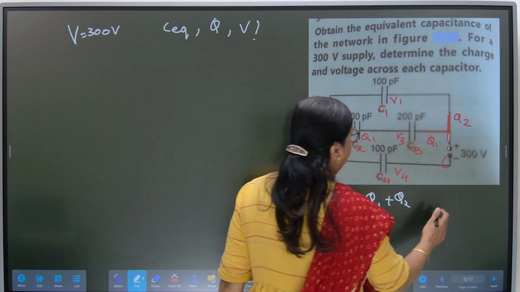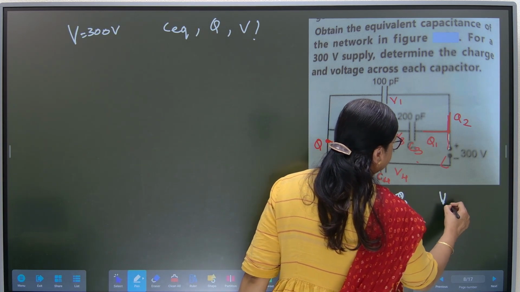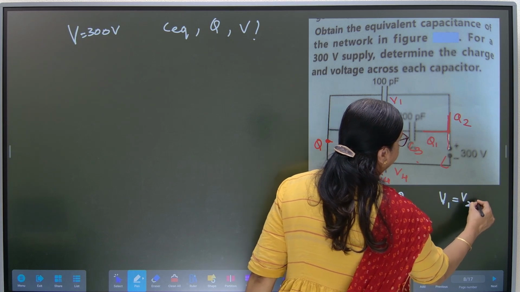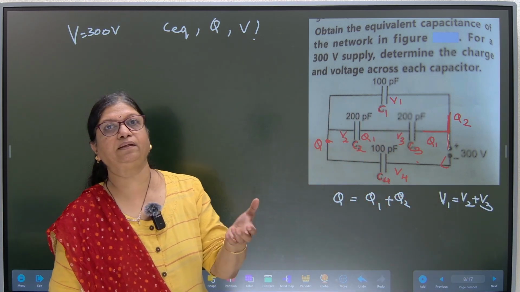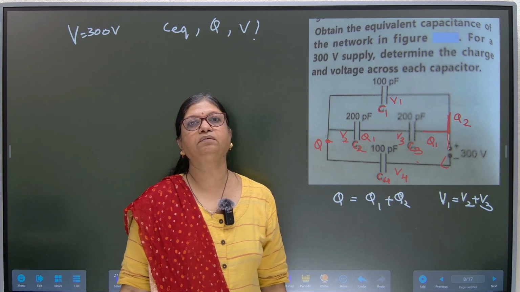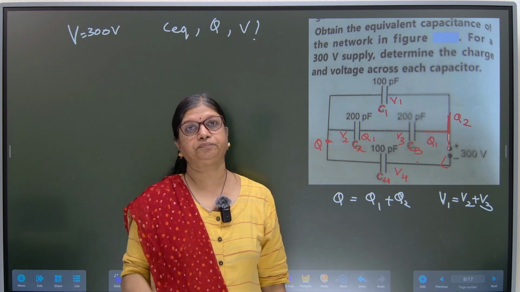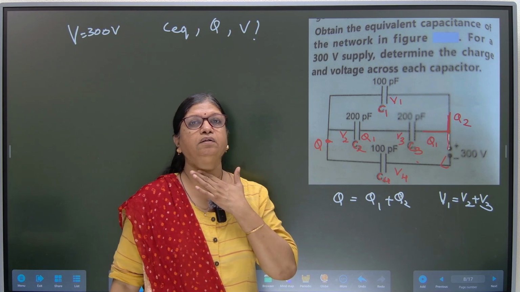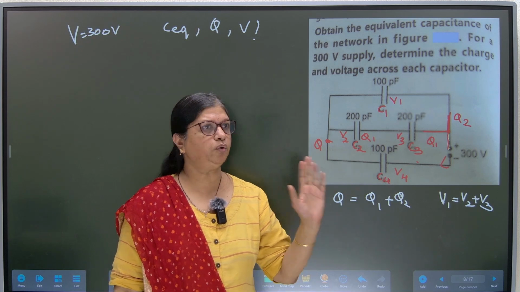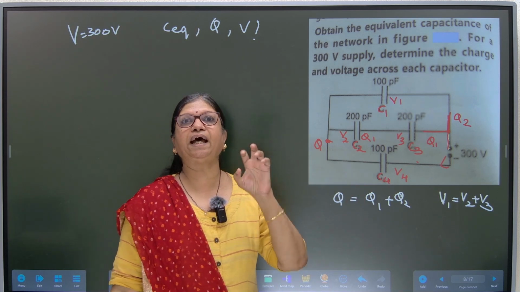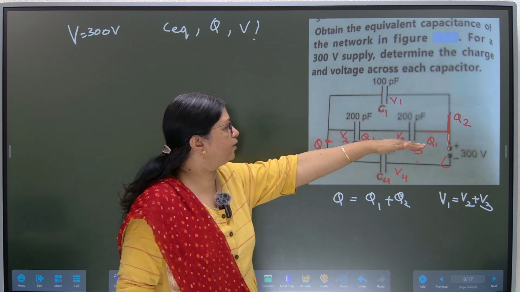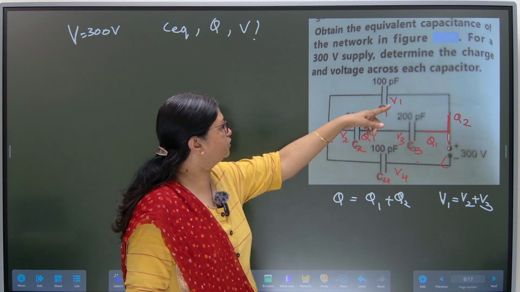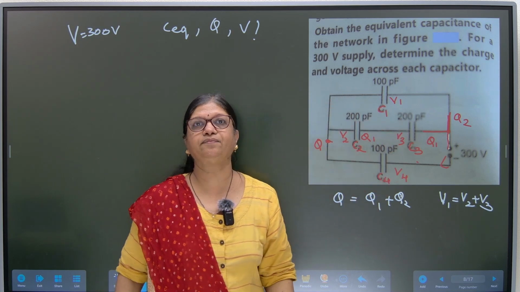So we can write V1 should be equal to V2 plus V3 together. Fine. Okay. That is our query. V4 also we can get. So this has to be remembered. The potential in this line should be equal to the potential in this line. That's why V1 should be equal to V2 plus V3.